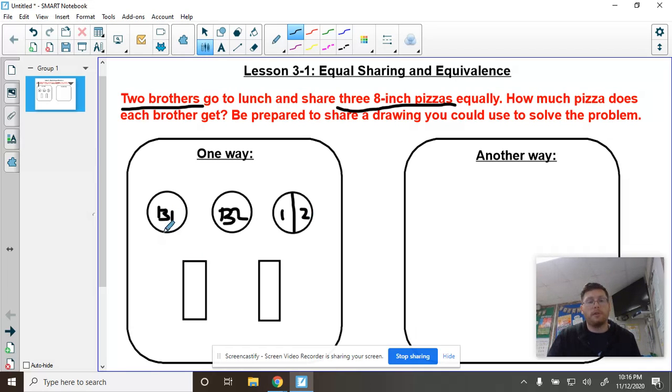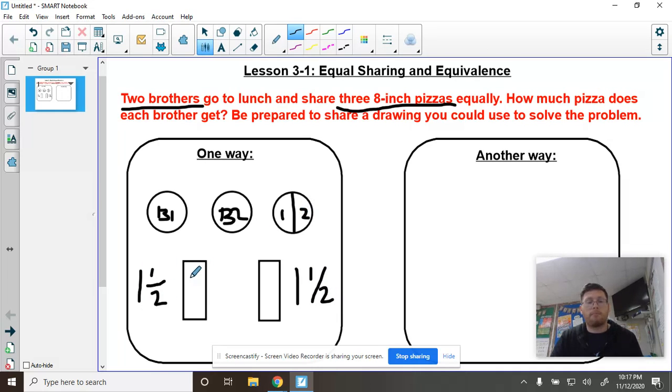Brother one got one whole pizza, and then half of this one, 1/2, because there's two pieces here, and he got one of those pieces. Brother two got one whole pizza over here, and then half of another one, which is this one.